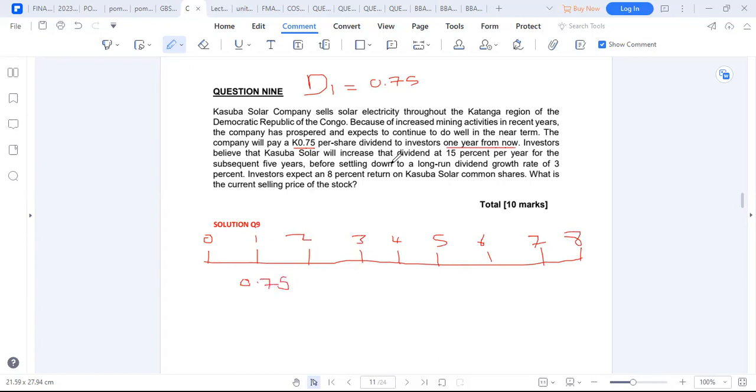Then it is expected to grow at what percent? 15% for the subsequent 5 years. The next 5 years: 1, 2, 3, 4, 5. So this growth will expire in the 6th year. So this phase will be multiplying the answers by what? 1.15, right?